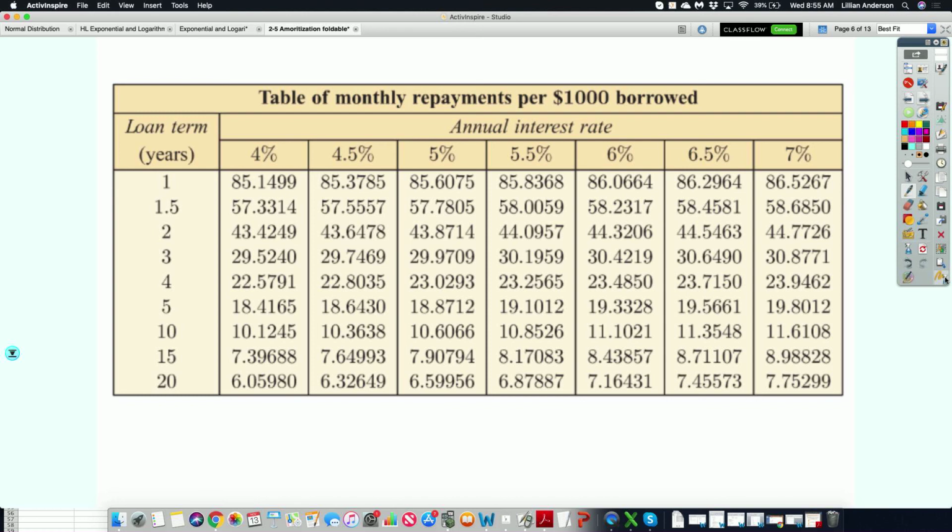What was the interest rate? 5.5. So we're looking in this particular column, and then how many years is she planning to pay back the car loan? 4. So we see where the two overlap, and this is the magic number. This is how much she would have to pay every month for the next 4 years per $1,000 borrowed.